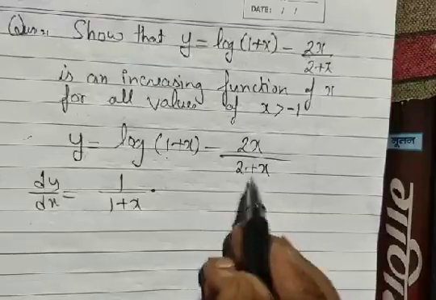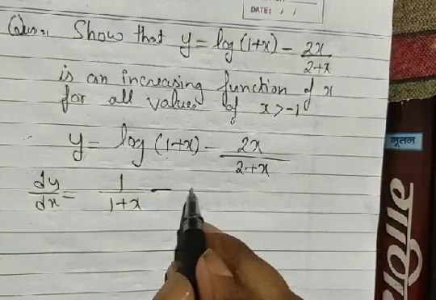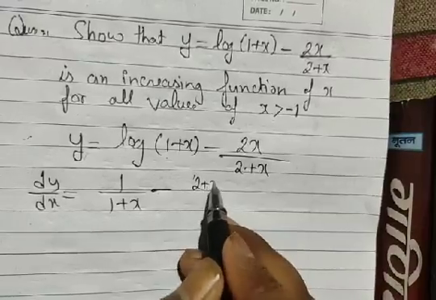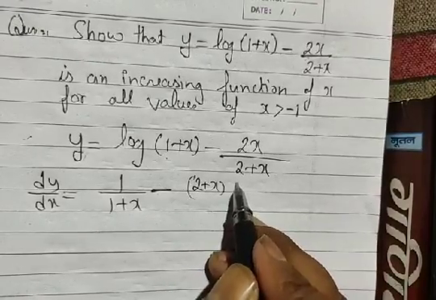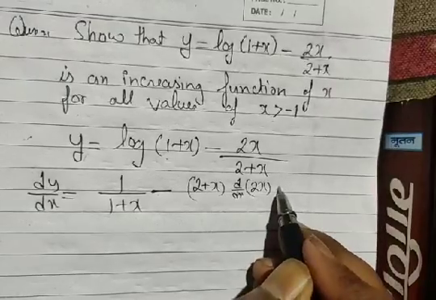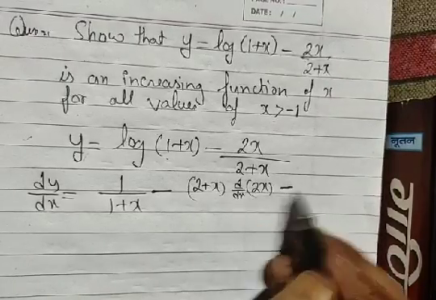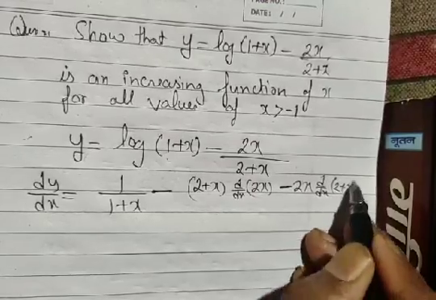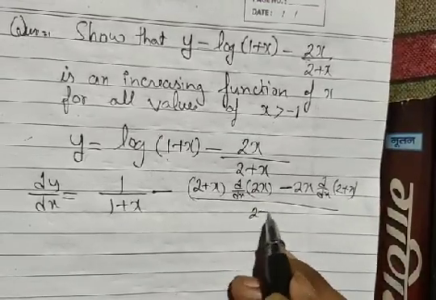Now we are going to find the derivative of 2x. It's in f by g format, so we take g times ddx of f, that is 2x, with the minus sign. Now interchanging this, 2x and ddx of 2 plus x, upon g square.